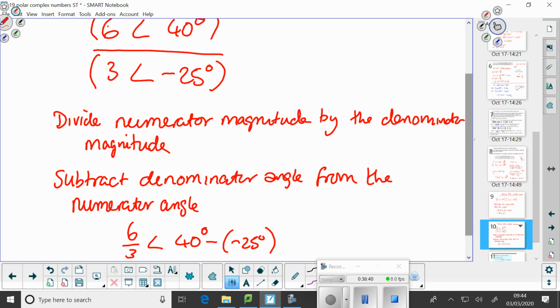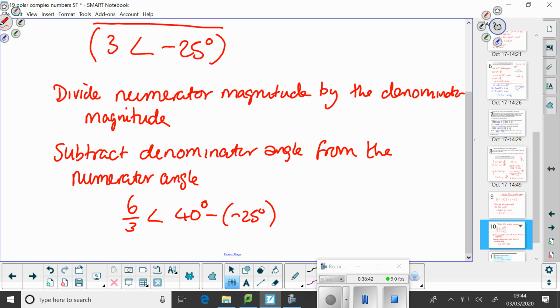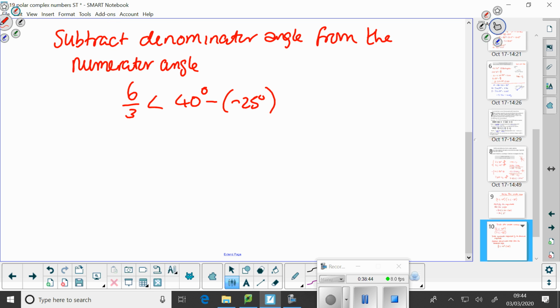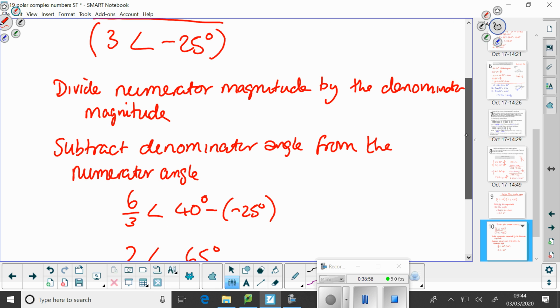Again, care with positive negative signs. 6/3 is 2, angle 40 minus 25 is 65 degrees. Yeah.